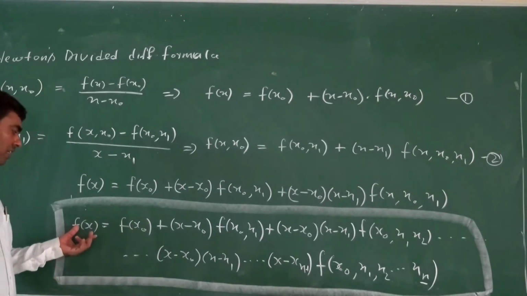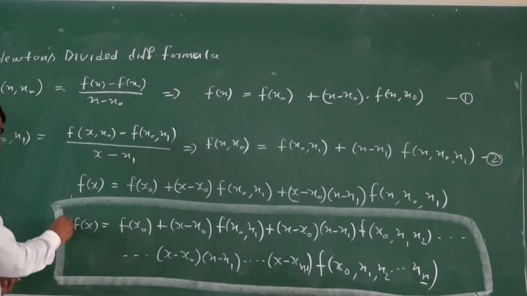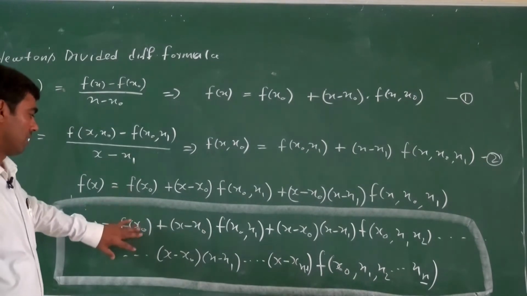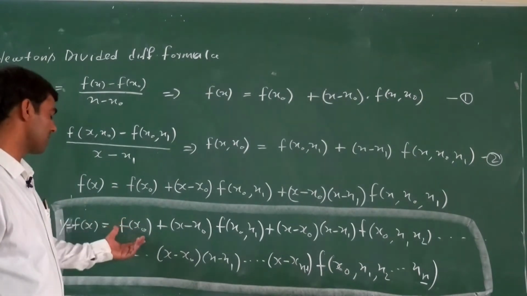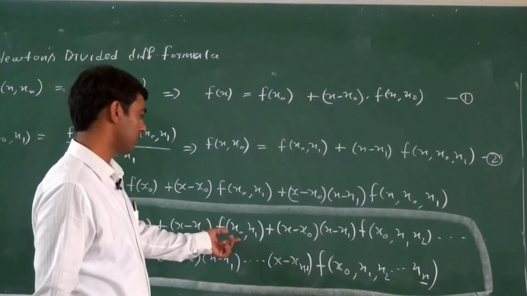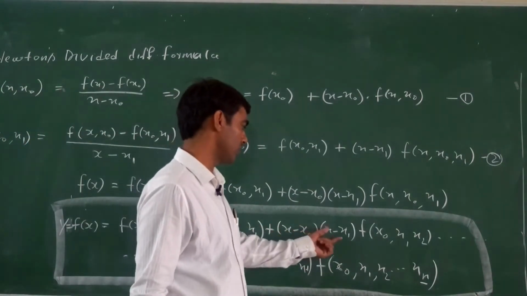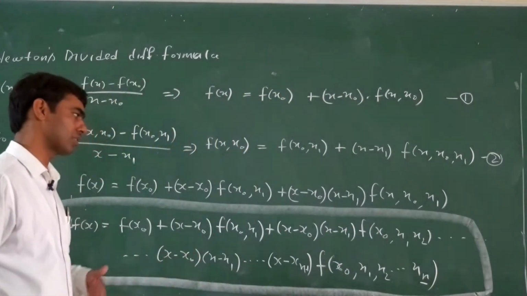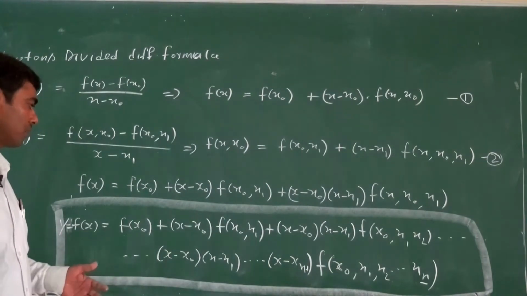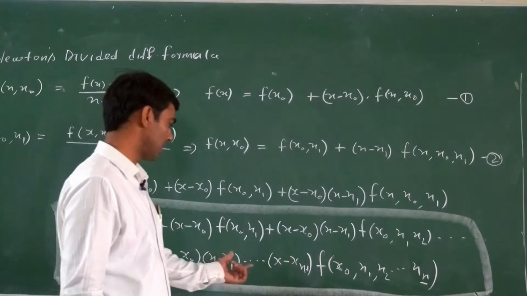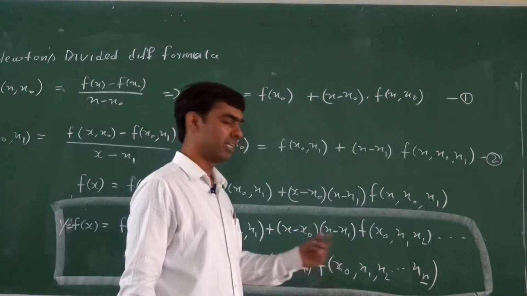We also write y equals f(x) equals the 0th order divided difference, function f of x0, plus (x minus x0) first order divided difference, plus (x minus x0)(x minus x1) second order divided difference, plus (x minus x0)(x minus x1)(x minus x2) third order divided difference, and similarly up to the nth order.